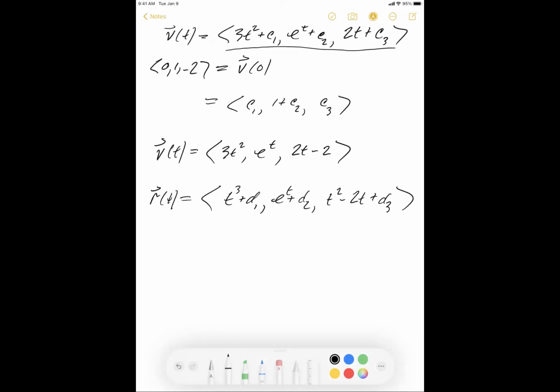And then we can use the fact that we know r of 0 to figure out who these constants are. So we have 1, 0, 0. That's r of 0, and that is d1, e to the t. Sorry, e to the 0 is 1. So that'll be 1 plus d2 and d3.